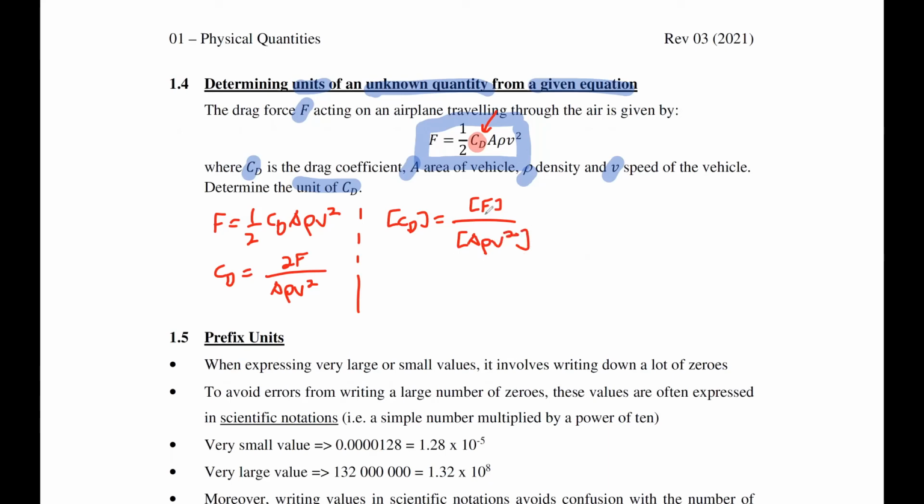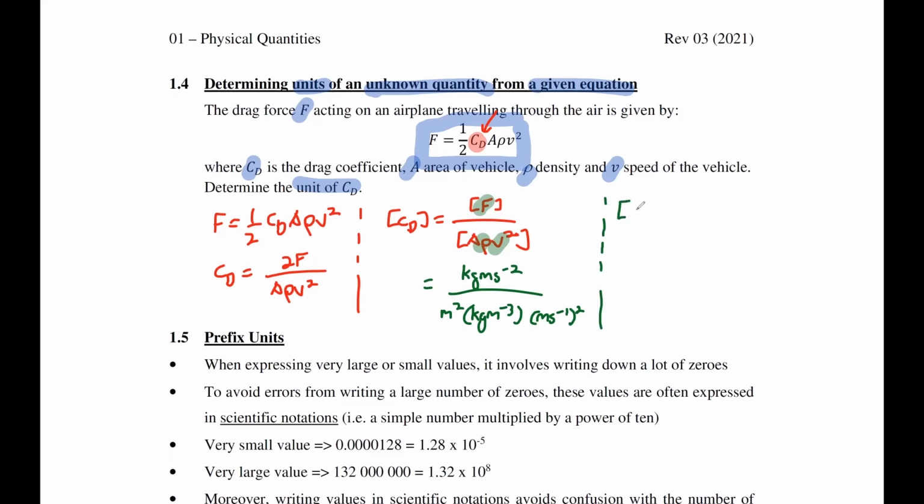Now, some of the quantities here, the units you've already found from the previous example, such as for force, density, and velocity. So subbing in all the units, for force, it is kg meter per second squared. For area, it is meter squared. For density, it is kg per meter cube. For velocity, it is meter per second. Remember to square the term.